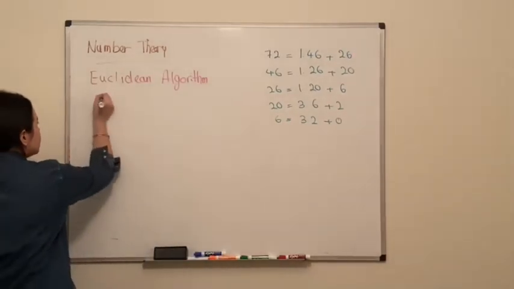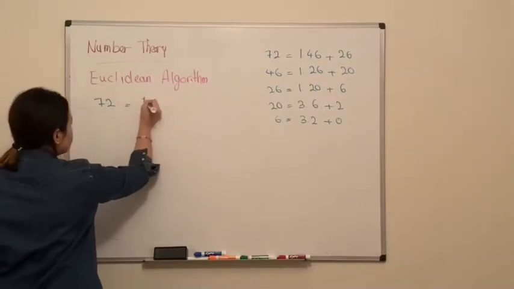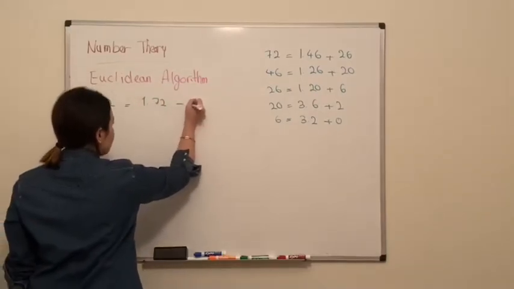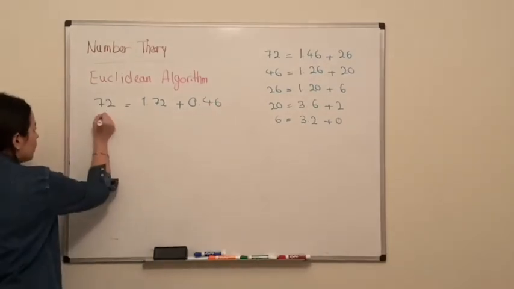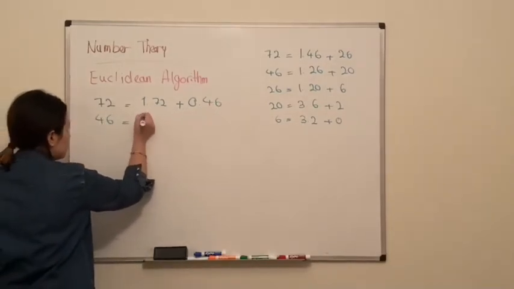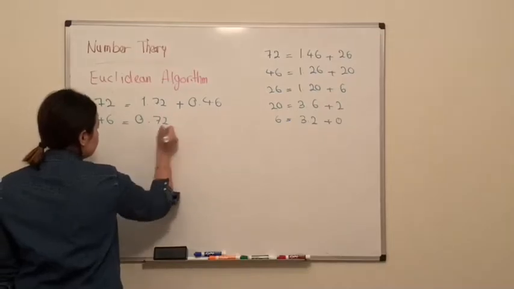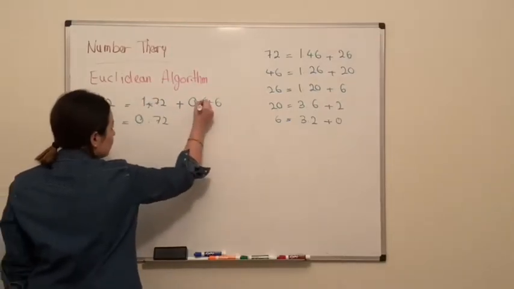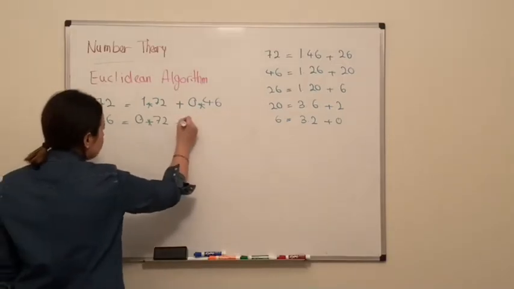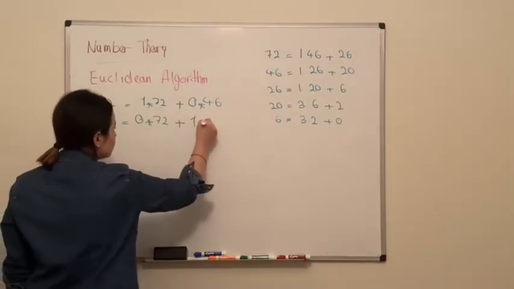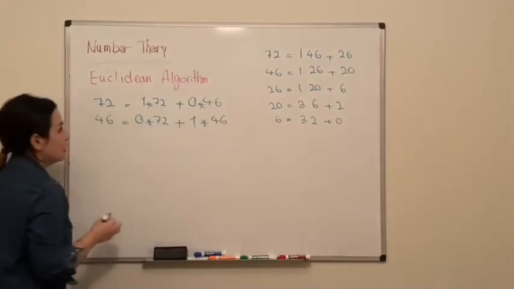So I can write 72 as 1 times 72 plus 0 times 46. I can write 46 as 0 times 72 plus 1 times 46. These dots mean multiplication.